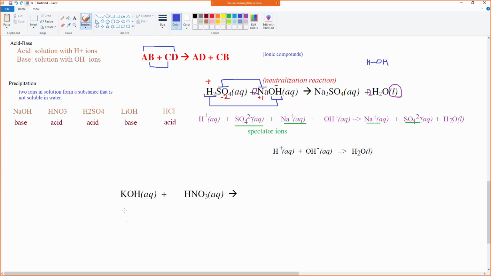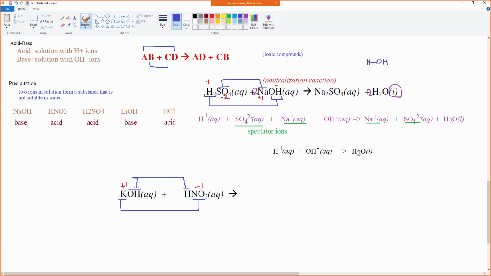Okay, so for this one, we're going to combine the K, that's the cation from the first, with the nitrate, that's the anion from the second. And we note the potassium's in group 1, so it's got a +1 charge, and the nitrate is polyatomic, so it's got a -1 charge. And then we combine my inside ions, hydroxide with the hydrogen.